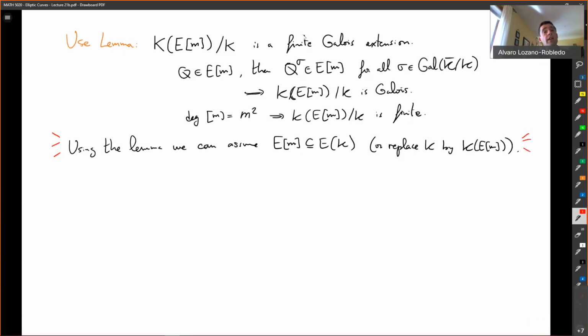Say Z over Q, that is an assumption. We are already leaving Q. If M is bigger than 2, we have to increase the number field to make this happen.